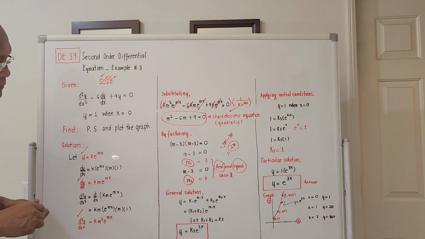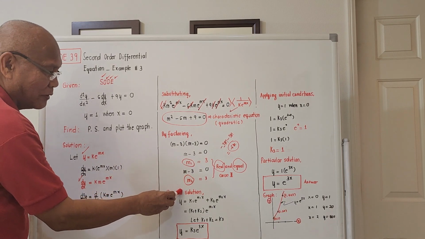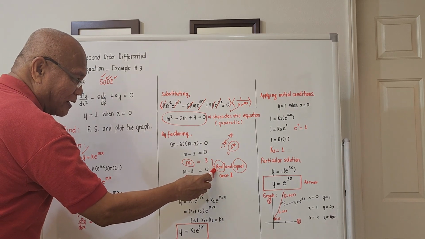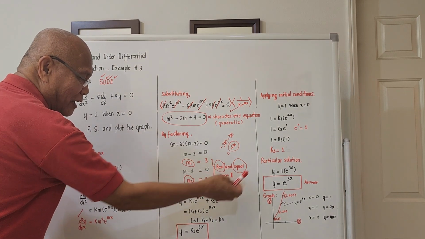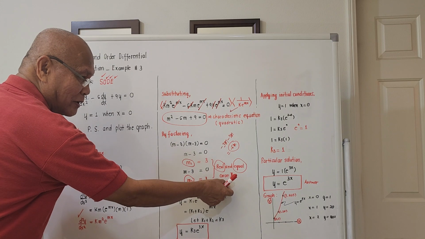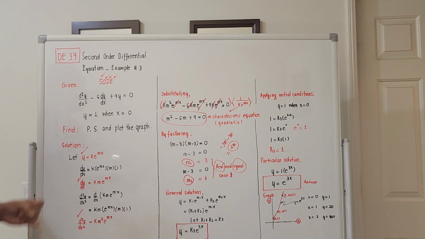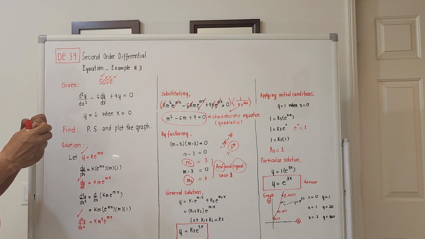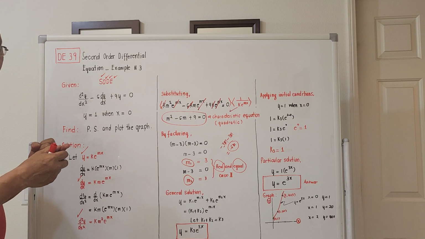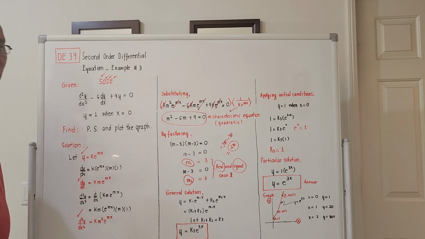So the resulting values of m1 and m2 are both real and equal, and this should fall under case number 2 under the so-called solution of second order differential equation. The resulting roots are equal and they are both real, so the solution should fall under case number 2.